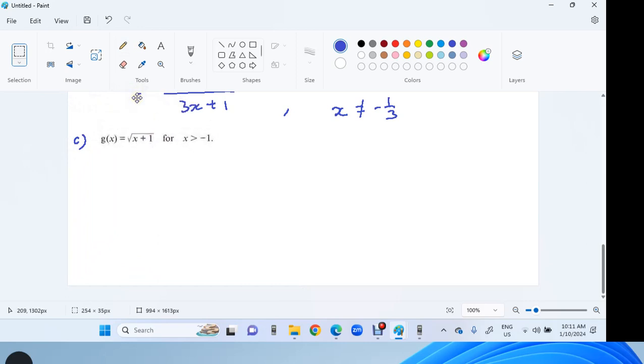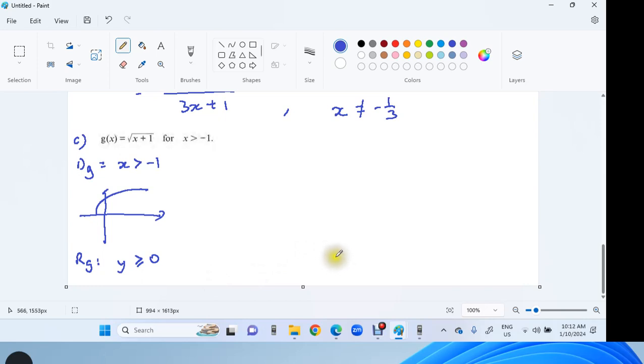So we know that the domain for g is x greater than negative 1. So the graph for g is something like this. So the range for g is y greater than or equal to 0.